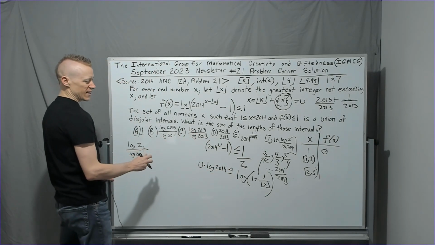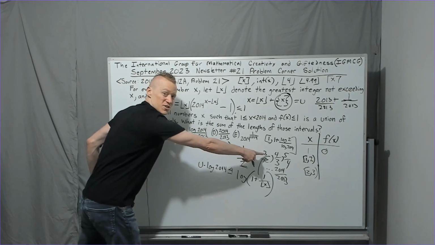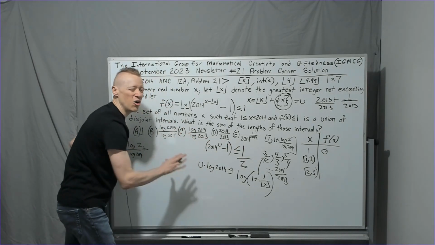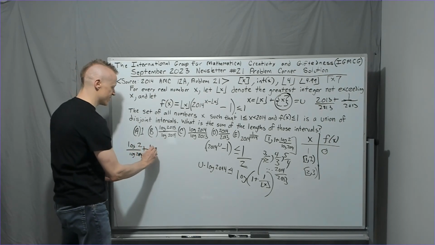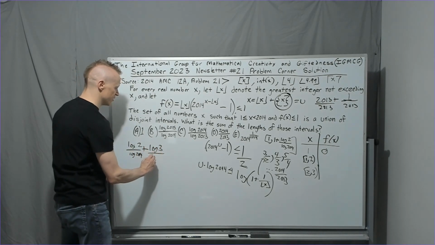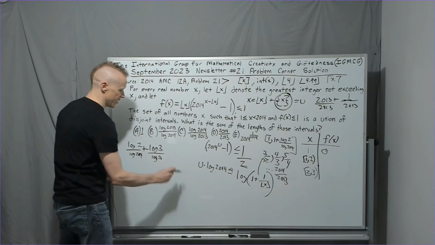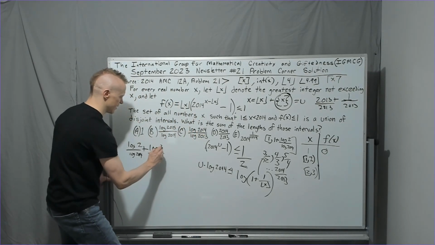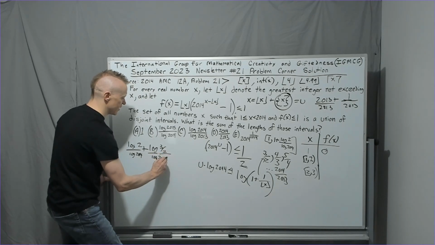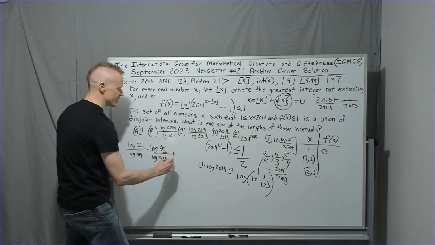So now what? I've got a log of 3 over 2, and I'm going to divide always by log of 2014, always. So this will be plus log of 3 over 2, I keep making little errors like that, over 2014, and then we're going to have plus dot, dot, dot.